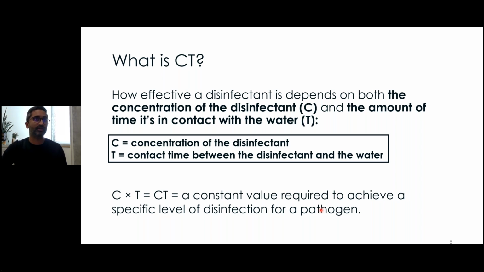So depending on the water and the targets that you have, you're going to need to ensure that you're meeting the log removal to meet those guidelines based on the CT that you have. And that could require increasing or changing the concentration of the disinfectant, or it could require changing the amount of time that that disinfectant spends in contact with the water.